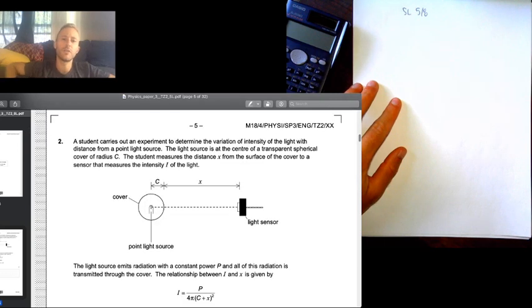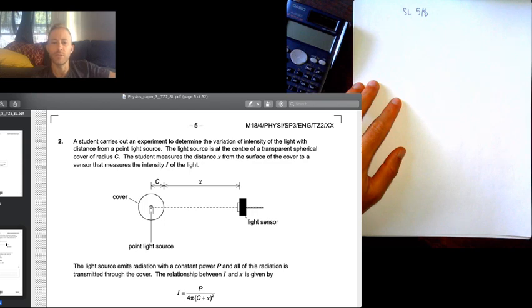A student carries out an experiment to determine the variation of the intensity of light with distance from a point source. The light source is at the center of a transparent spherical cover of radius c. The student measures the distance x from the surface of the cover to the sensor that measures the intensity I of the light. The light source emits radiation with constant power P, and all of this radiation is transmitted through the cover.